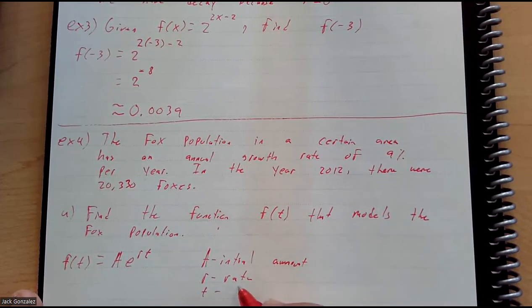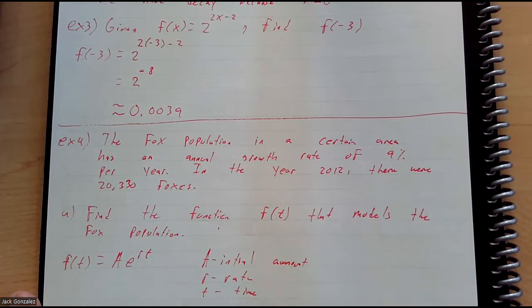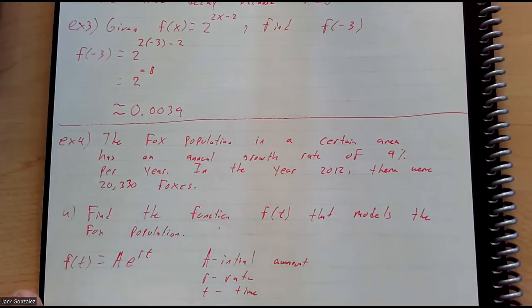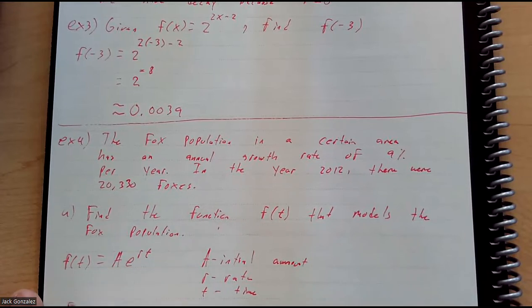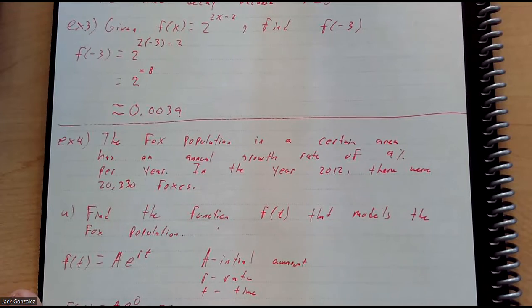T is time, right? So f of 0 would be the initial amount, which is equal to 20,330.